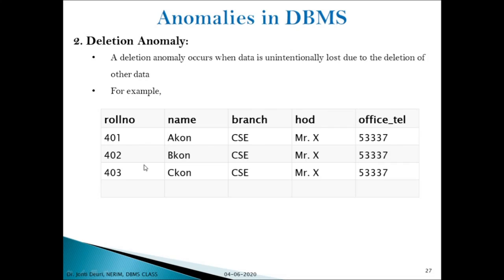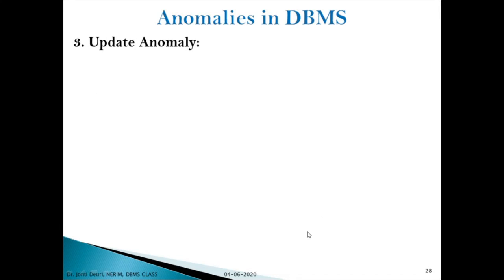Say 403 I delete, 402 I have deleted, 401 I have deleted. That means when I delete the last one, 401, I will lose all the branch, HOD and office telephone number also, right? So that is the deletion anomaly.